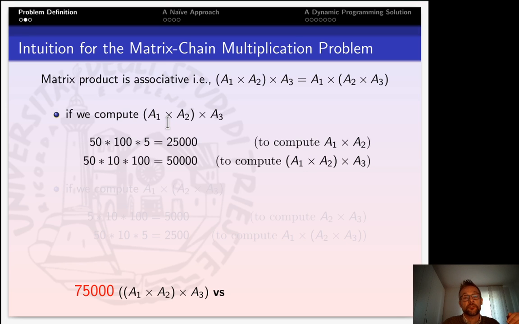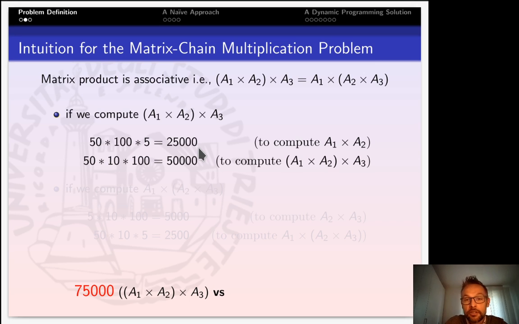Now, if you remember the row-column multiplication, of course, once we have selected the row of A1 and the column of A2, we have to go through all the elements in these two rows and columns. So for each element in the resulting matrix, we have to perform 5 multiplications, which is the number of columns of A1 and the number of rows of A2. Okay. So to get what is inside this parenthesis, we need to perform 25,000 multiplications.